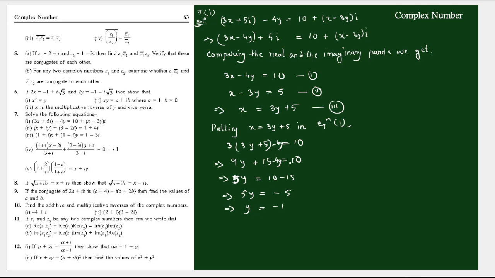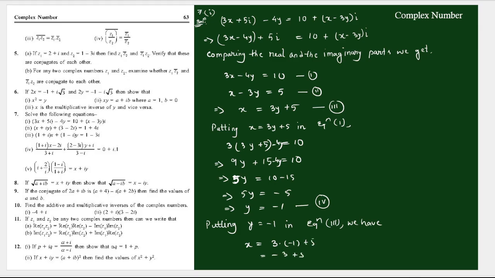Now we will put this y in equation number 3. Okay, so this is your 4. Again, putting y equal to minus 1 in equation 3, we have x equal to 3 into minus 1 plus 5.